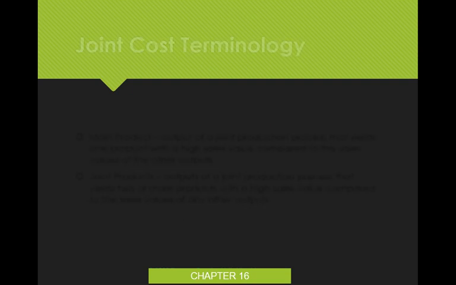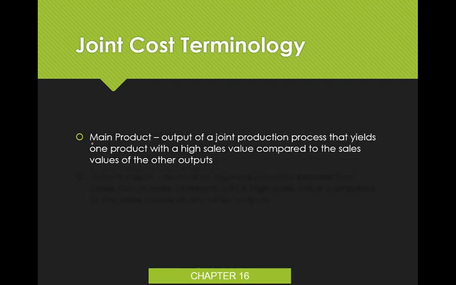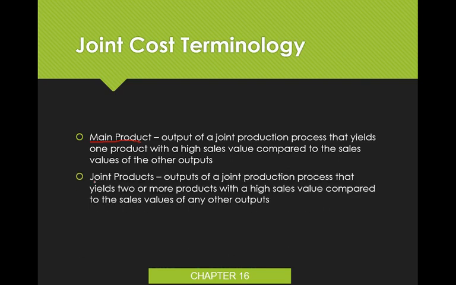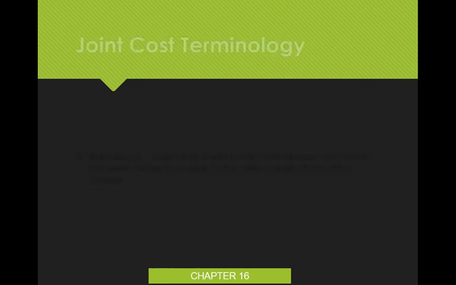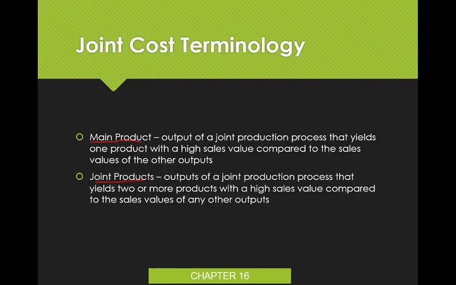Here we have main product, joint product and byproduct, which we will discuss later. Main product: the output of a joint production process that yields only one product with high sales value.